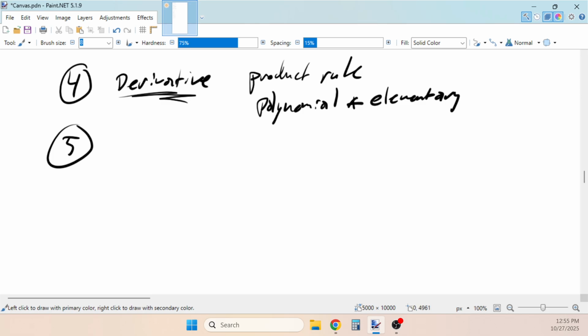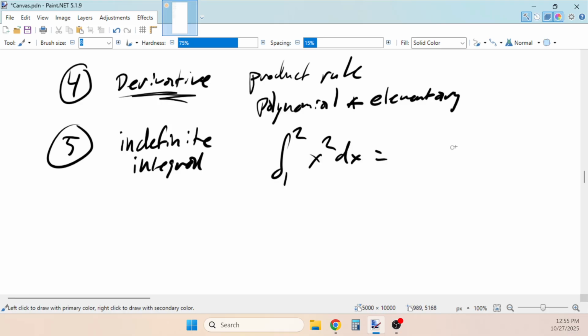Question 5. I'm going to ask you to find a definite integral. The difference between a definite integral and an indefinite integral: if I have the integral from 1 to 2 of x squared, it's going to be x cubed over 3 from 1 to 2. We get 8/3 minus 1/3 equals 7/3. This is definite.